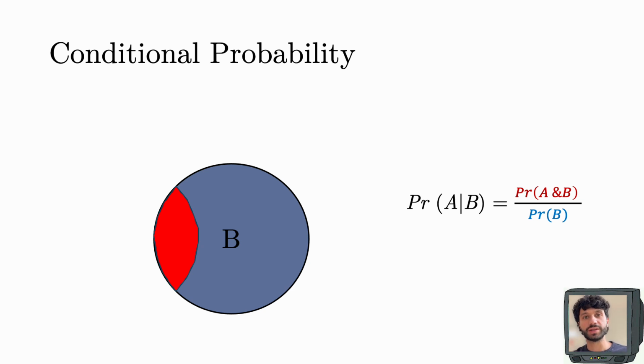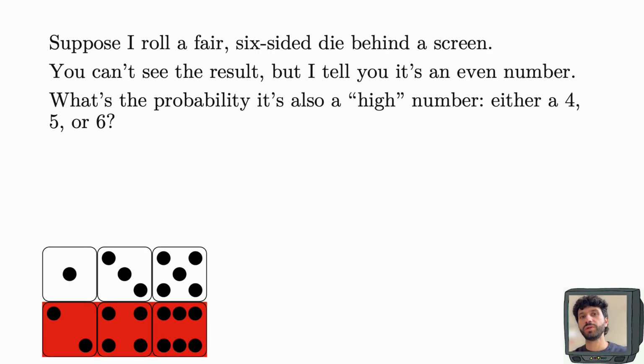So it makes a lot of sense because you're restricting your probability space to cases where B actually occurred, because we're assuming it does. And then looking, in that restricted space, how likely is A to also occur? Okay, so let's look again at the example. This is the example of the dice, right? When I tell you, I flip the dice and it lands on an even number, and then I ask you what's the probability that it's also a high number?